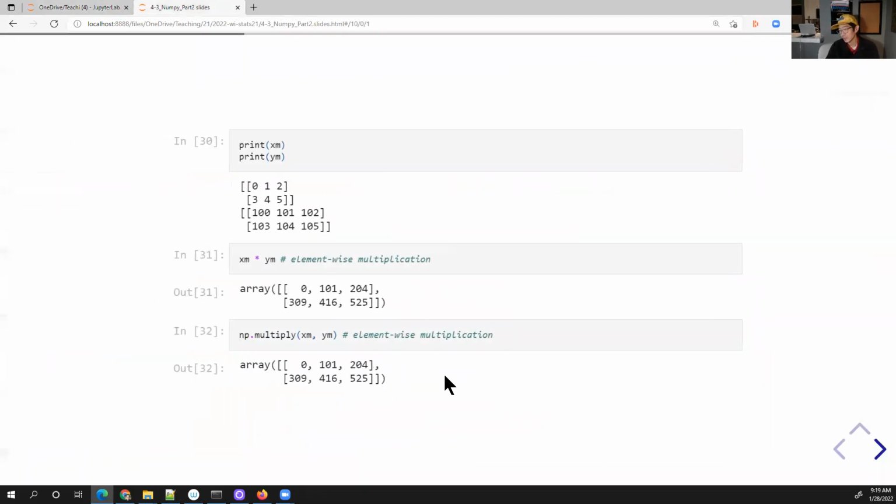So I saw on CampusWire there's a question: how do we know when it's np dot, some kind of function where you put in the arguments, or if you do xm dot something? And the answer is you just kind of have to learn. There is some structure and concept of how these things work together, but it's also just part of the vocabulary.